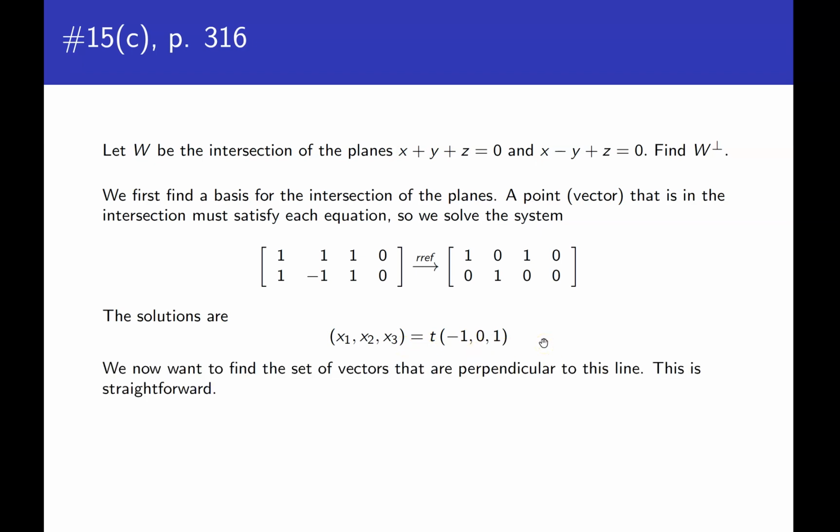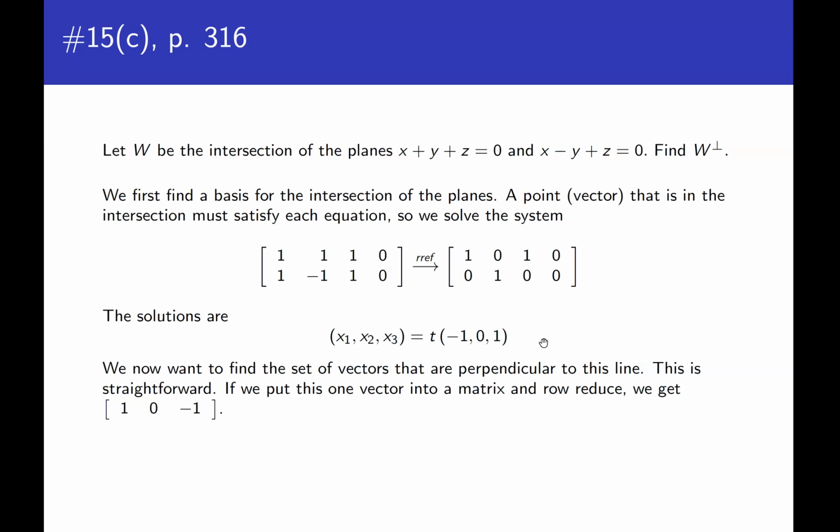All right. So let's find the set of vectors that are perpendicular to this line. This is actually relatively straightforward if we think about how we've done orthogonal complements. We have one vector that we want to find the orthogonal complement of, so we want to find the set of everything that's perpendicular to that one vector.